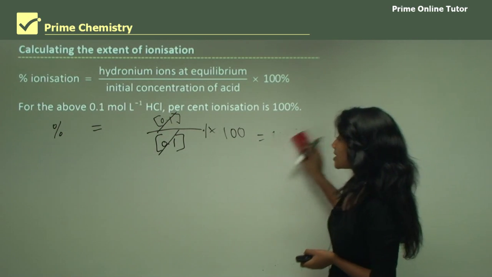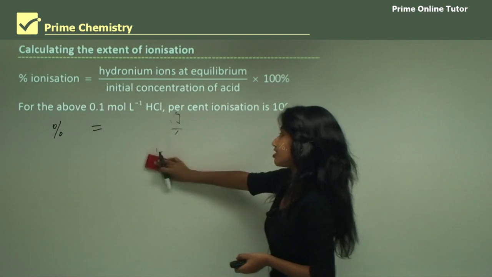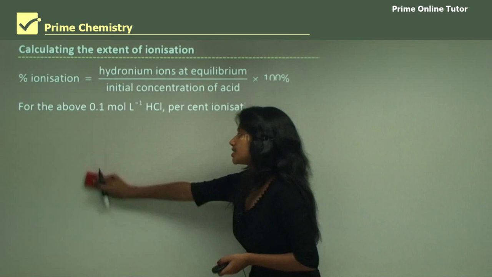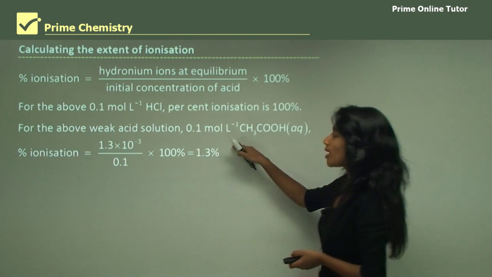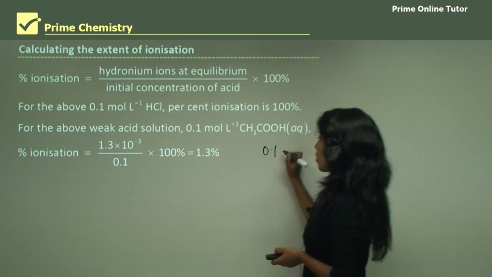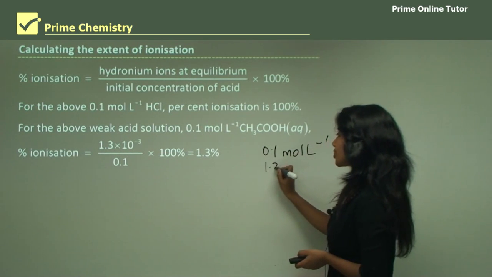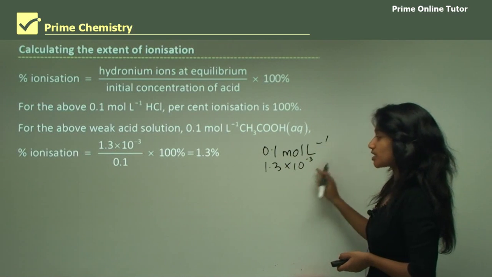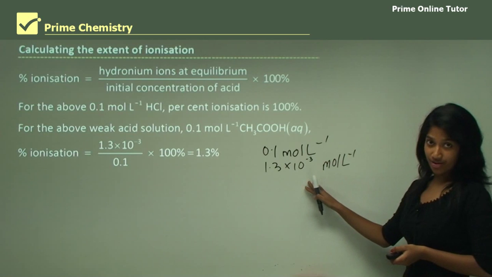Now we will look at a weak acid, because in a weak acid it's not going to be 100, it's going to be less than 100. We're going to consider acetic acid for the time being. So we have 0.1 moles of acetic acid. And from that 0.1 moles, only 1.3 times 10 to the power of minus 3 moles per liter are going to be hydronium ions.